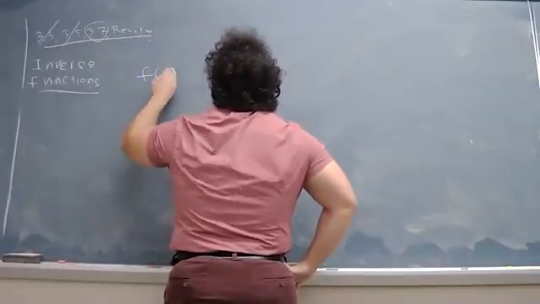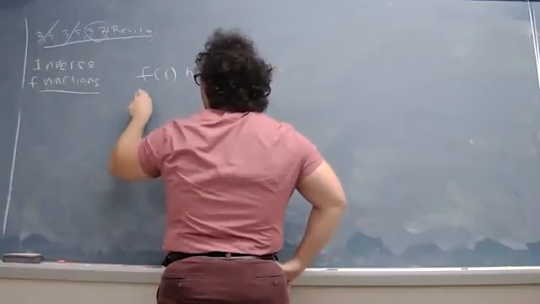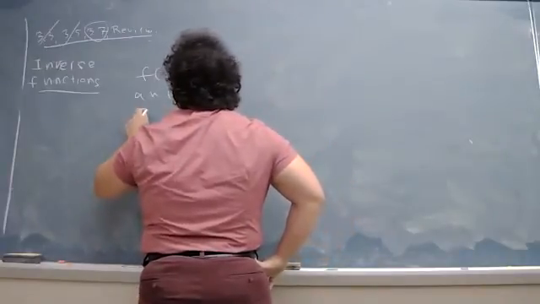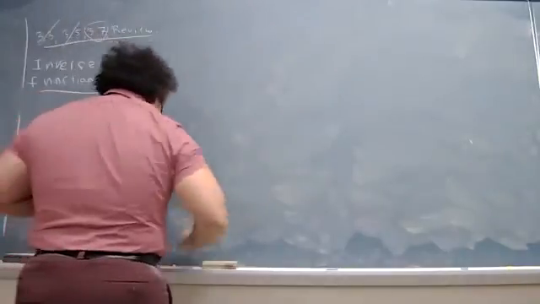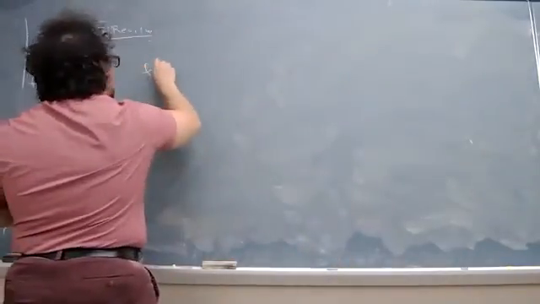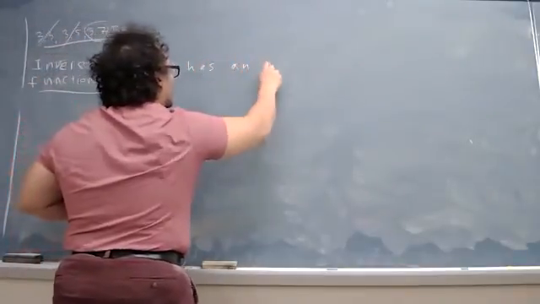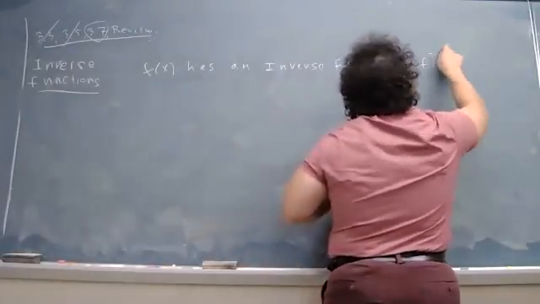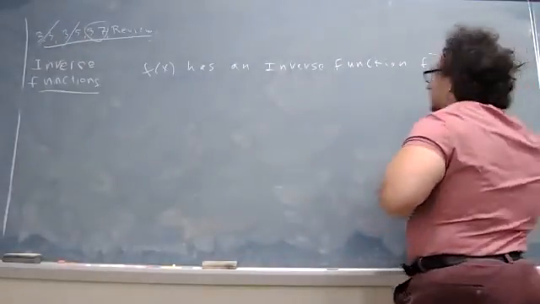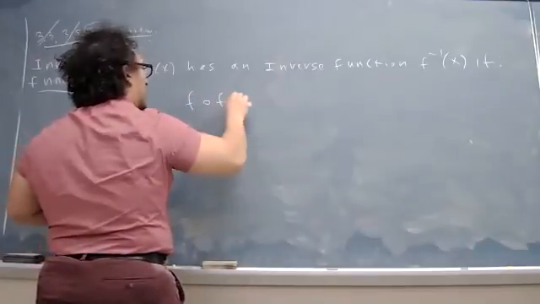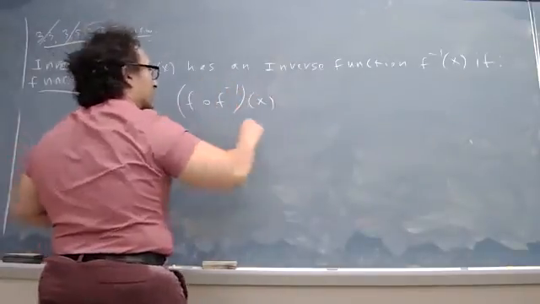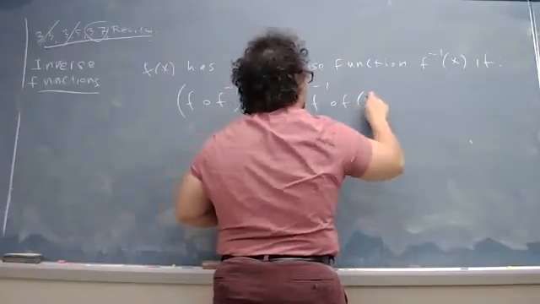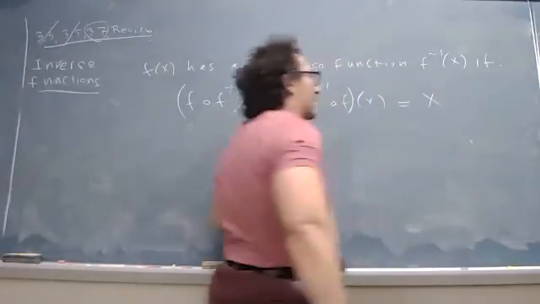F of x has an inverse function, f inverse of x, if f composed with f inverse of x is the same thing as f inverse composed with f of x, and they both equal x.